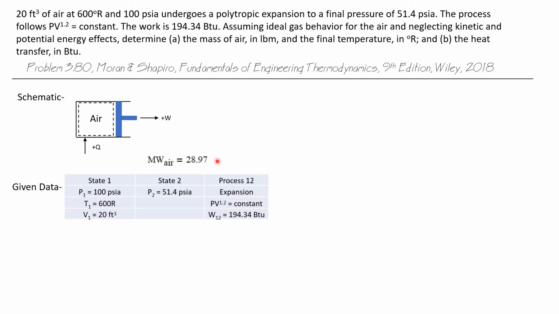We also know that the molecular weight of air is 28.97, and the process 1,2 that takes place here is an expansion process. It follows the equation PV to the 1.2 power is constant, and the work performed during this process is 194.34 BTUs.